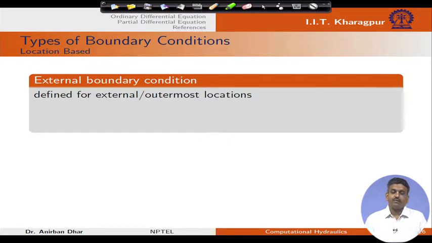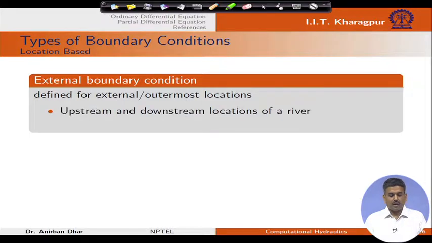The types of boundary condition, depending on the location: we can define external boundary conditions, defined for external or outermost locations. Example is upstream and downstream locations of a river.